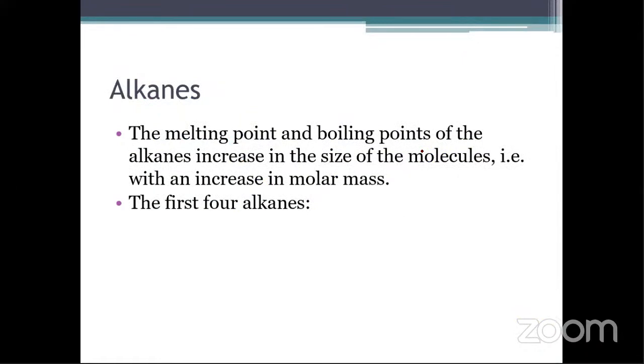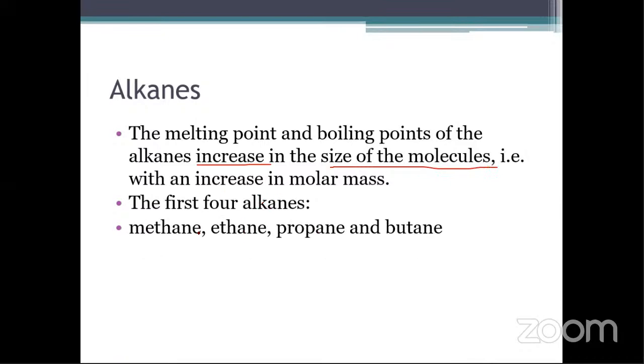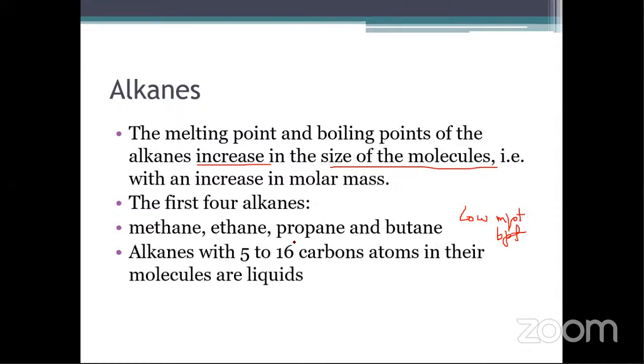Now, the melting point and the boiling point of alkanes will increase as the size of the molecule increases. So the first 4 alkanes, methane, ethane, propane, and butane, have low melting and boiling points. But as you increase the number of carbons, they will have high melting and boiling points. So these first 4, they are gases because their melting points and boiling points are so low.